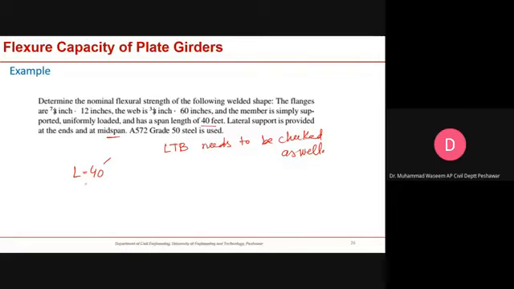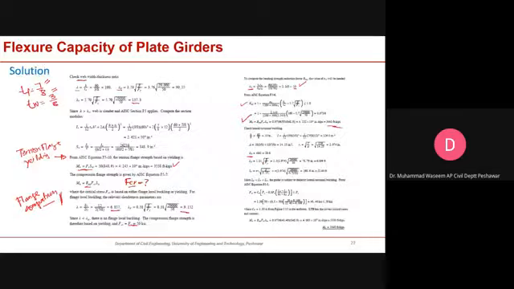So the unbraced length LB will be between these points. There are 3 points, this one, this one, this one, and the whole length is 40. To calculate this LB value, you divide the whole length and you get LB equal to 20 feet.